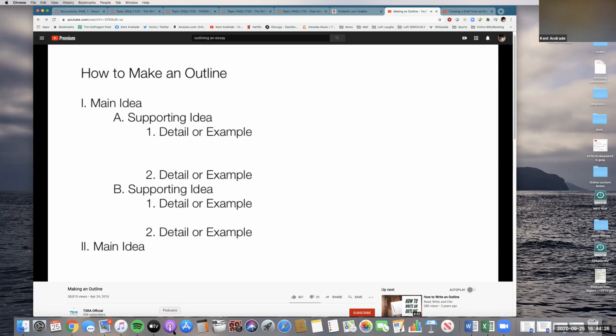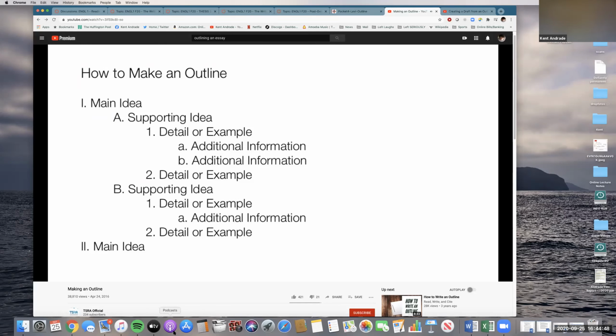The details or examples that back up each of these ideas are indented an additional line, labeled with a number, and placed under the supporting idea. Lastly, any additional information about a detail or example is indented one more level, labeled with a lowercase letter, and placed under the detail it refers to.